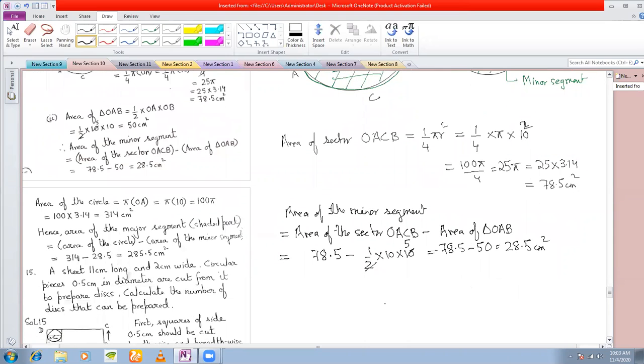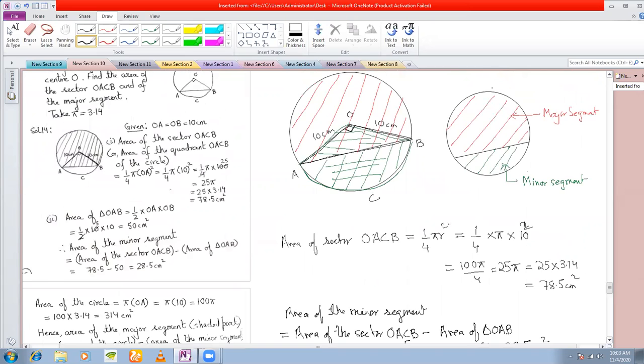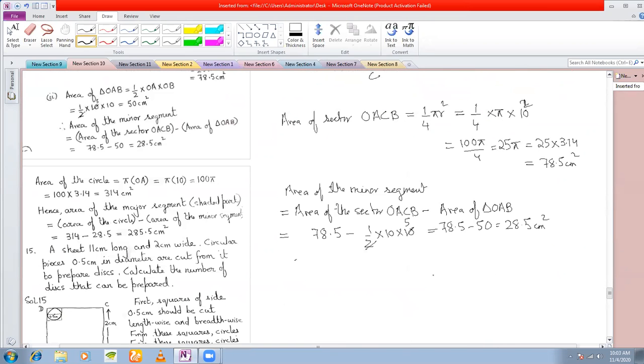So therefore, what should be the area of the major segment, the part that is shaded in red here? Area of major segment is equal to area of the circle minus area of the minor segment.